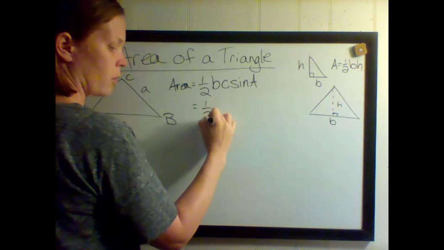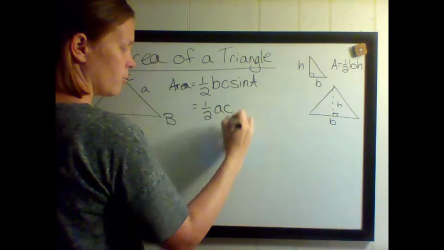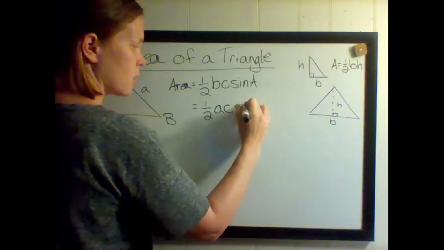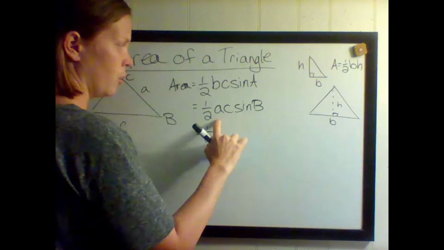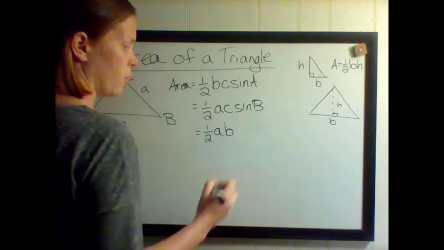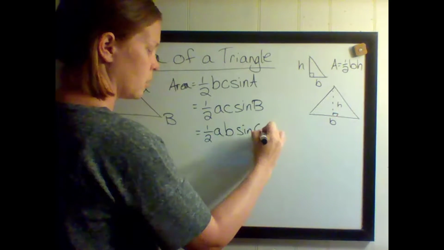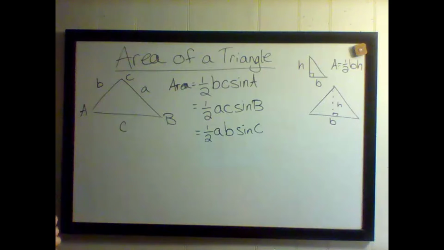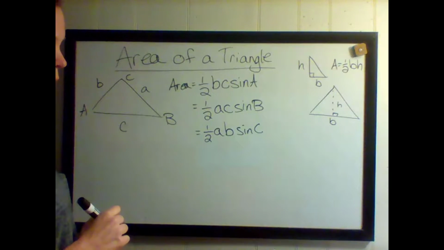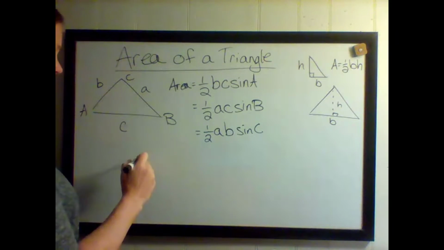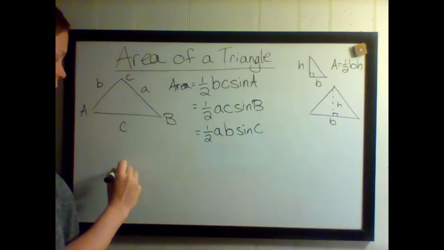Or a different version, 1/2 AC sine B. Or 1/2, you can probably figure this out, AB sine C. So those formulas work if you know two of the sides and then the angle included between those sides.